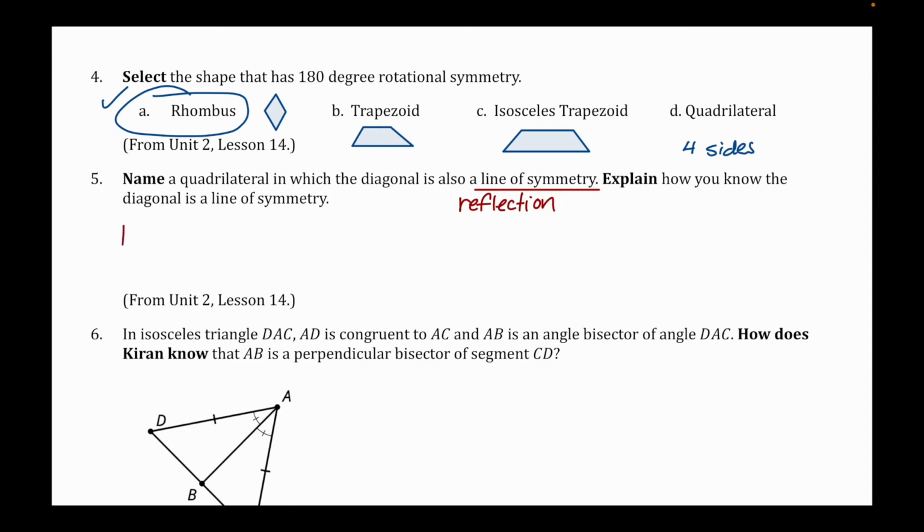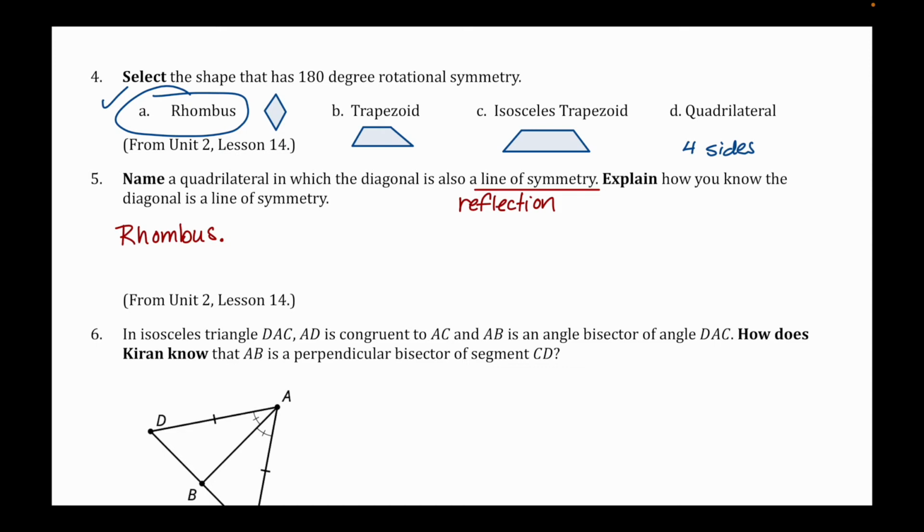So we did talk about properties of parallelograms, and in a rhombus, I think we also talked about how the diagonals bisect the angles. And if the angles are cut in half, that means if we reflected over that diagonal, that one half of the angle would map onto the other half of the angle.